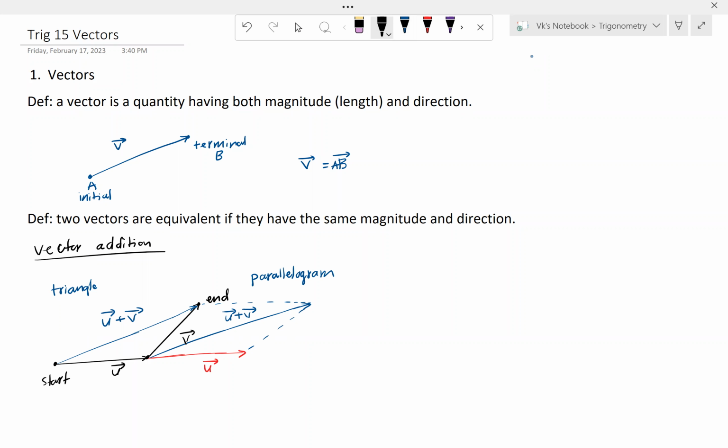Well, we also have another operation with vectors. Let's call it scalar multiplication.